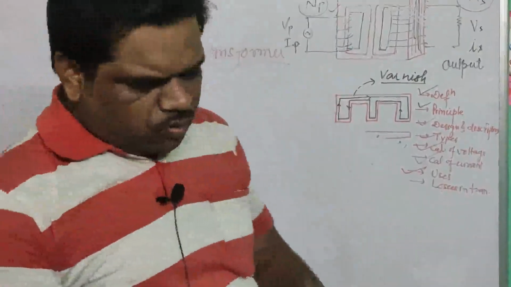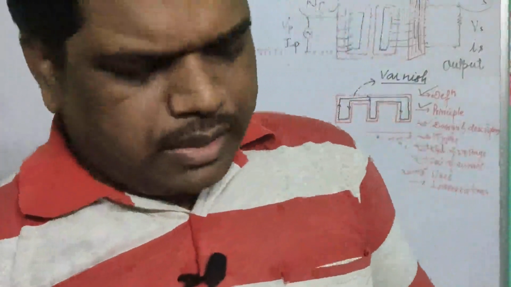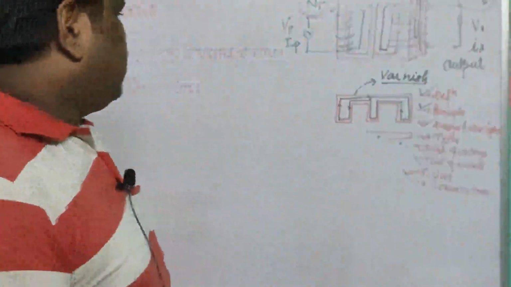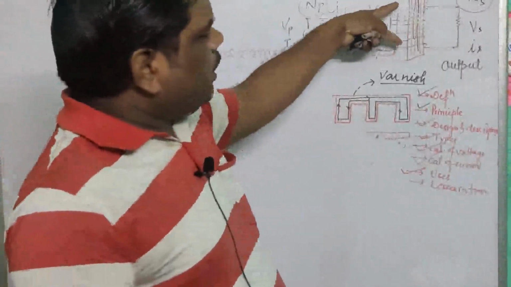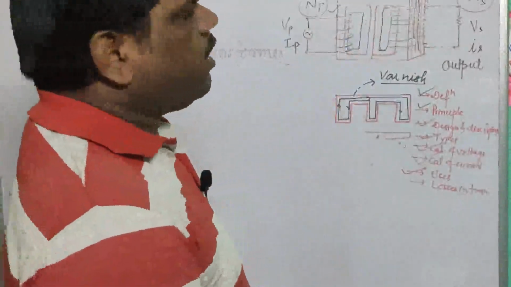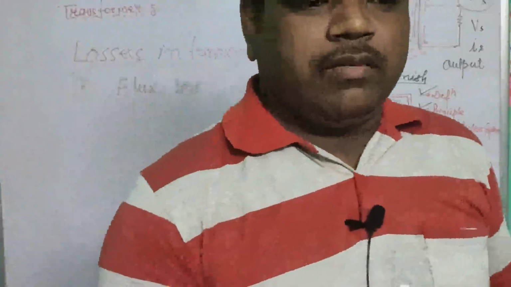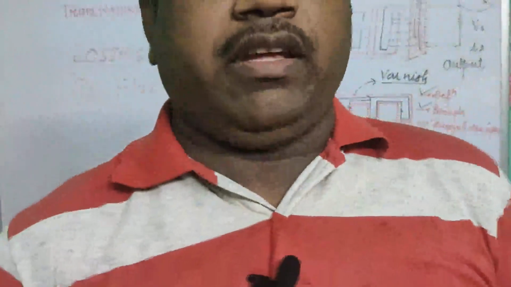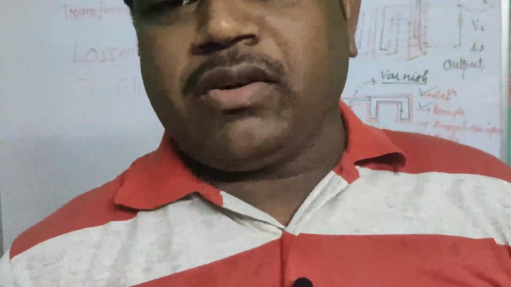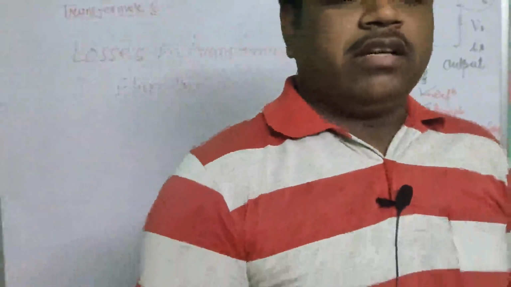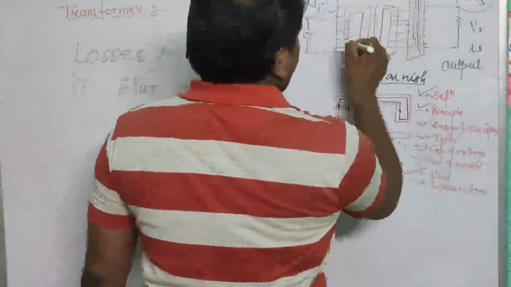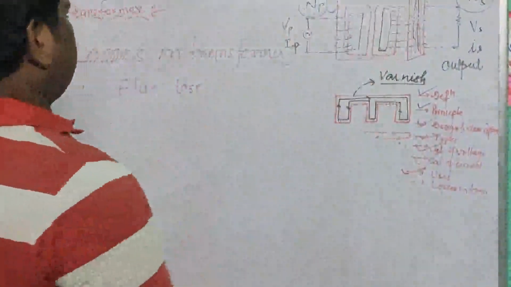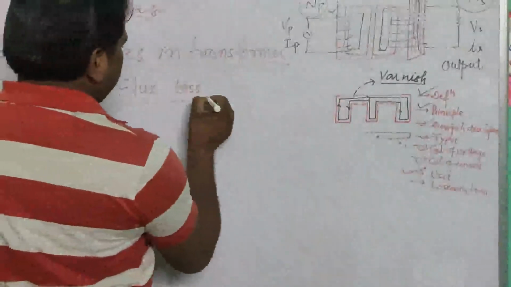While calculating the current, we assumed that whatever flux is created in the primary coil is totally linked with the secondary coil, but in practice this does not happen. Whatever flux is created in the primary coil is not totally linked with the secondary coil. There may be some flux loss. So this is flux loss.